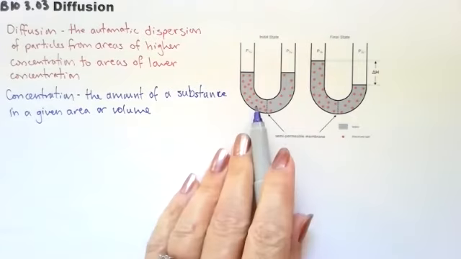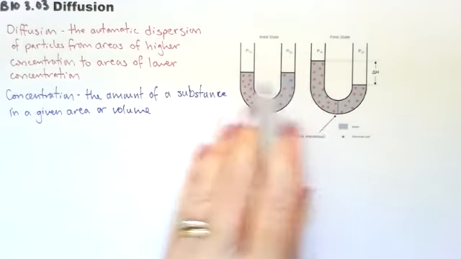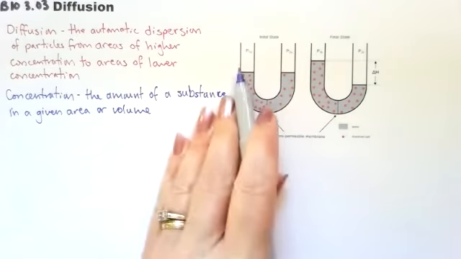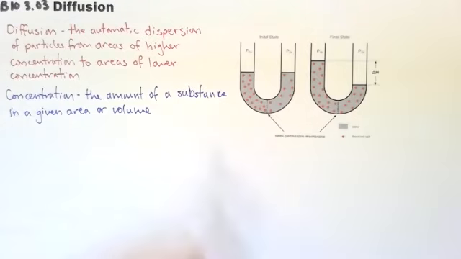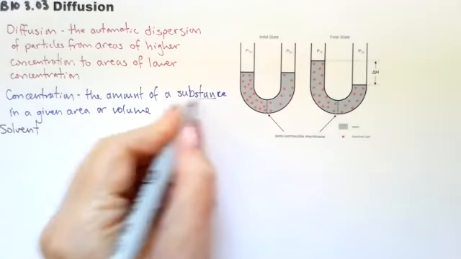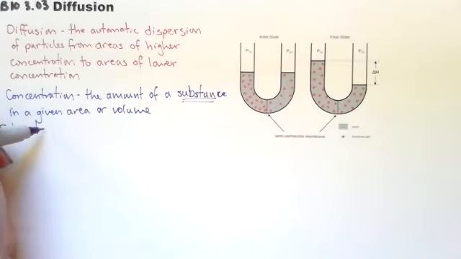So if I look at this tube, it's filled with water. The gray is water and the red are particles. Here's another word I'm going to start using. Oh my goodness, lots of vocabulary today. Solute. When I say substance, I'm talking about solute. I'm sorry, I just wrote that incorrectly.